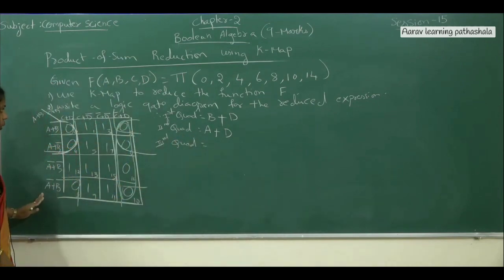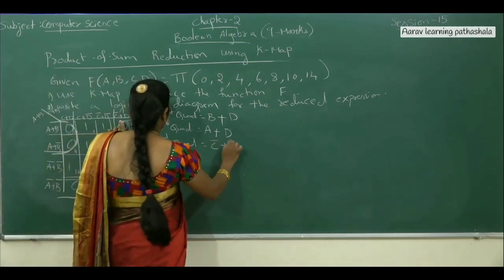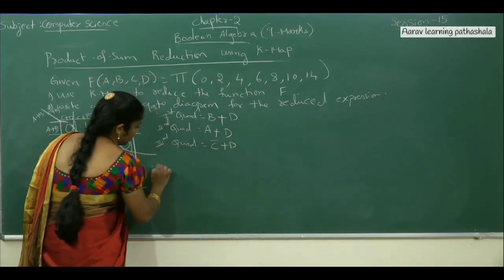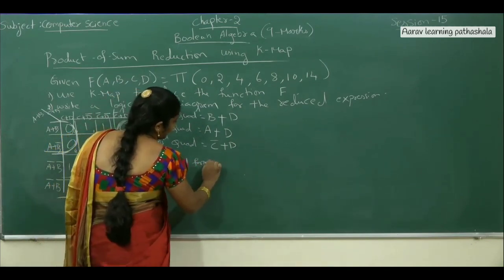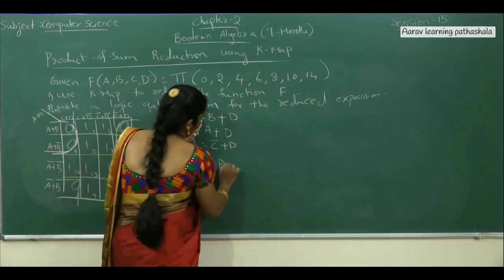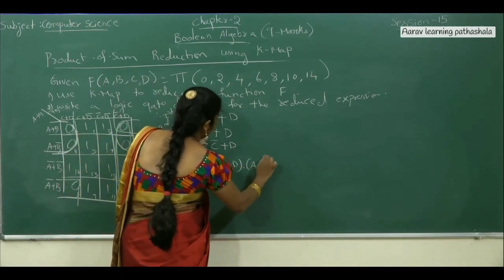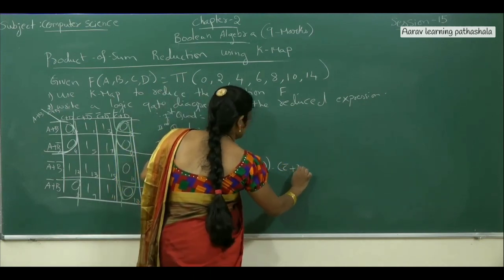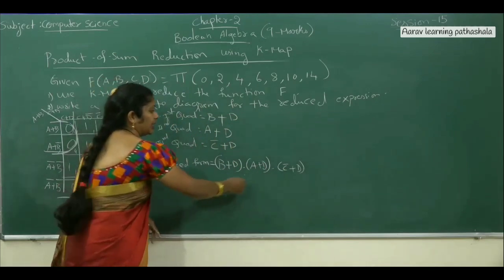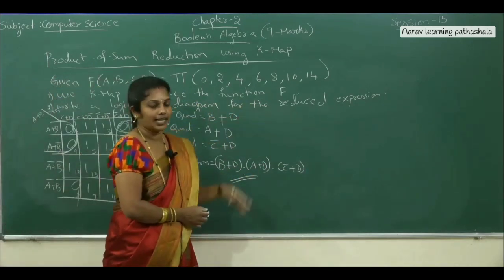Here the row value will cancel, the remaining will be C bar plus D. Therefore, reduced form equals B plus D into A plus D into C bar plus D.